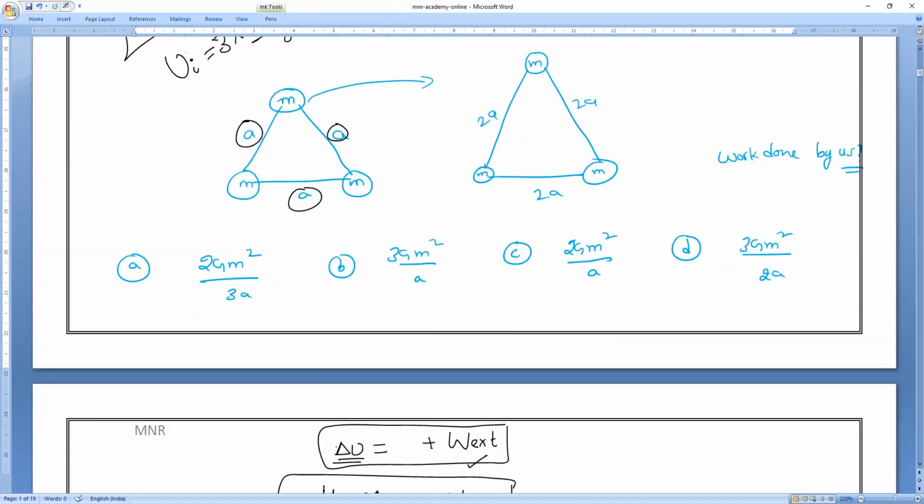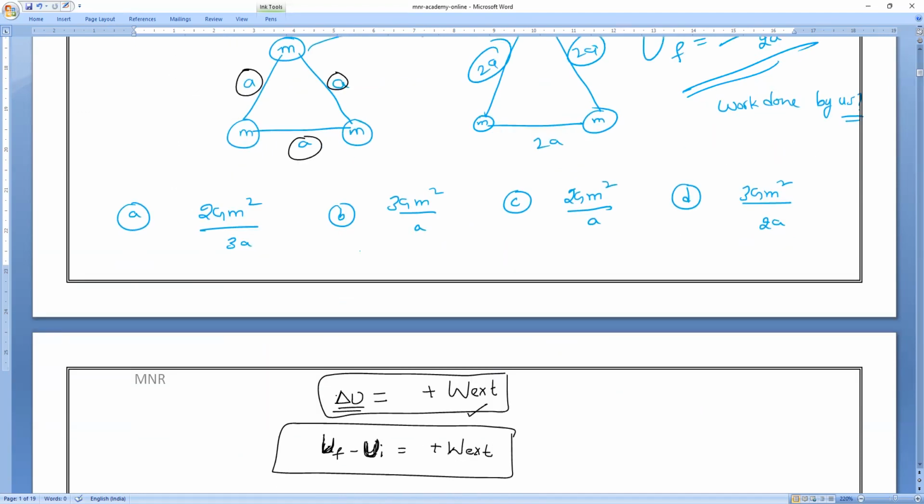Now, the final potential energy. The distances are 2a, 2a, 2a. So what is the final potential energy of the system? 3 times minus G into, again the mass is the same, m and m, so m square, divided by, instead of a, 2a will come, because r is equal to 2a.